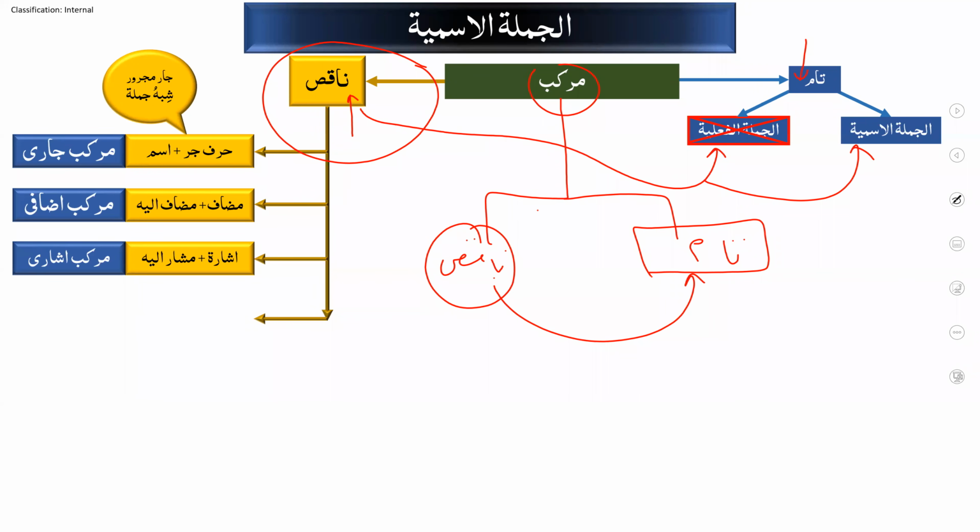Jumla fi'liya, inshallah, will start after some time. Still, we are continuing al-jumlatul ismiya. So naqis was divided into four parts. One, we completed Murakkabun Jari. Second, we completed Murakkabun Idafi. Still, we will work on Murakkab Idafi more, because many things are remaining for Murakkabun Idafiyun. And the third, we completed Murakkabun Ishari.